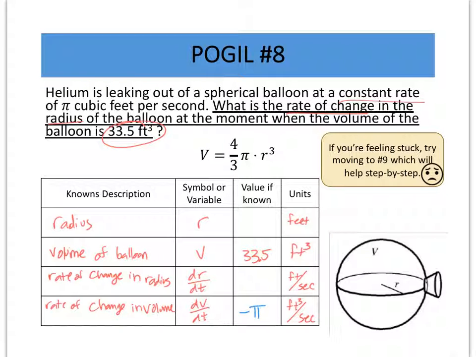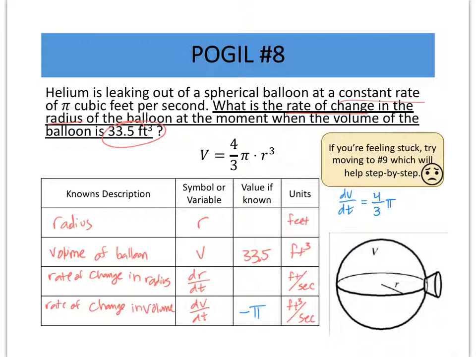So the next step, I suppose, is to take the derivative implicitly of this equation. So we're going to get dV/dt. We're going to do that somewhere else. We're going to take that first one, and then 4/3 is just a constant, so it's going to come along for the ride. 4/3, and pi is also a constant.